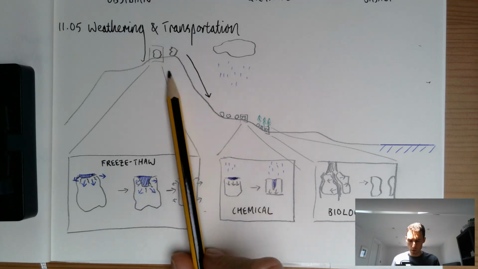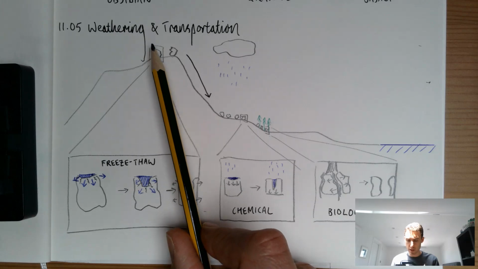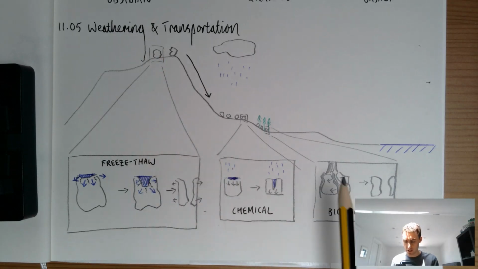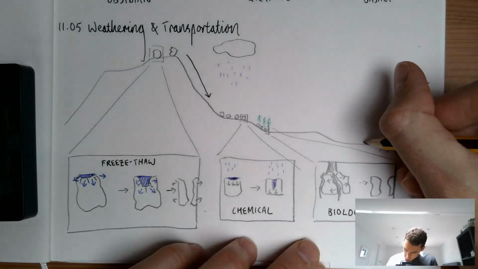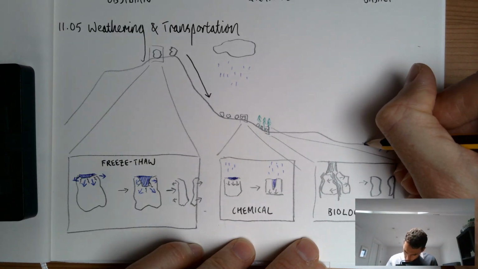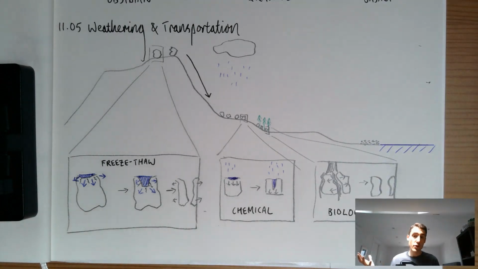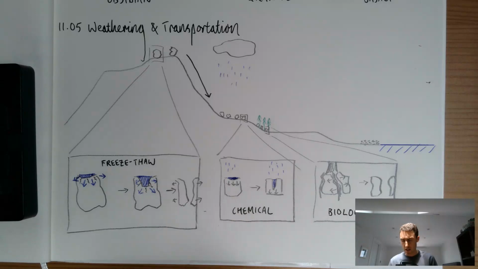But one thing we can say is that what this whole process does, the kind of breaking down of rocks by these three different methods as you go down, it means that as we get to the beach, what we've got is lots of very small grains. So rather than kind of big boulders, even though there are some big boulders there, of course, this breaking down of rocks means you get sand and other kind of smaller bits of minerals down towards sea level.